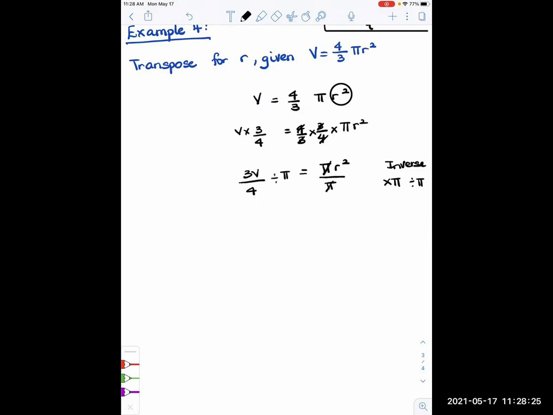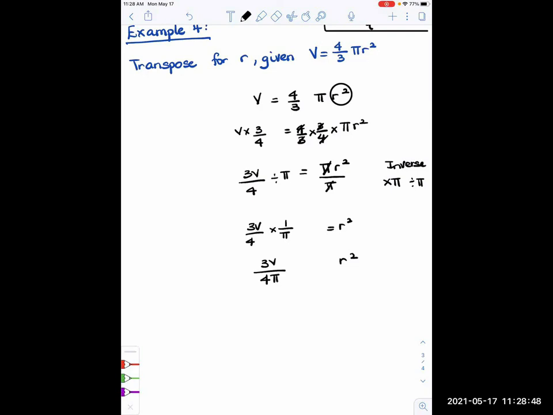So this is going to cancel, and I have R squared. Now, when I divide by pi, it is the same as multiplying by 1 over pi. So R squared is 3V over 4 pi.